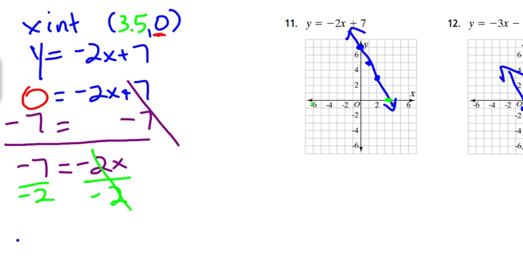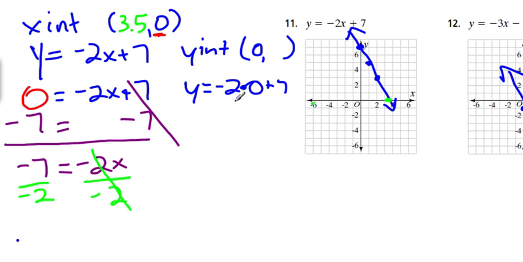So what about the y-intercept? That one is much easier. We talked about seeing the pattern with this. So the y-intercept, we know that our x value is going to be 0. We need to know what y is. Well, if x is 0, that means we're going to have y equals negative 2 times 0 plus 7.